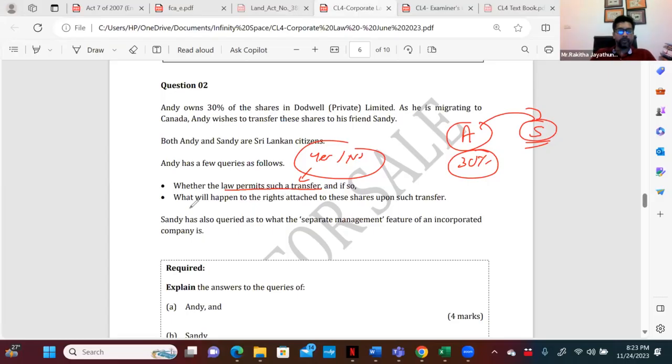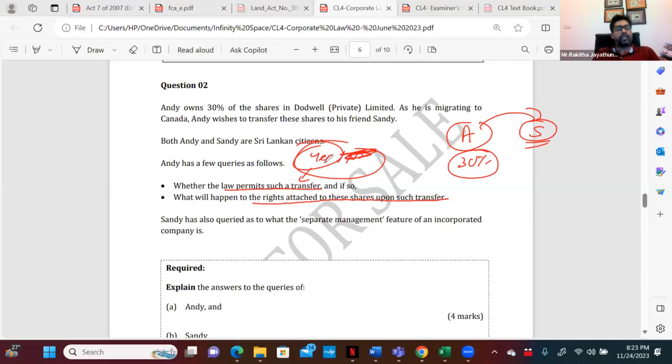If so, what will happen to the rights attached to these shares upon such transfer? Examiner tells. You can go through it. So the student has given the answer saying yes. Yes, that's correct. But the examiner says some students have said no. Now that is wrong. Some students have said in private limited companies, you can't transfer.